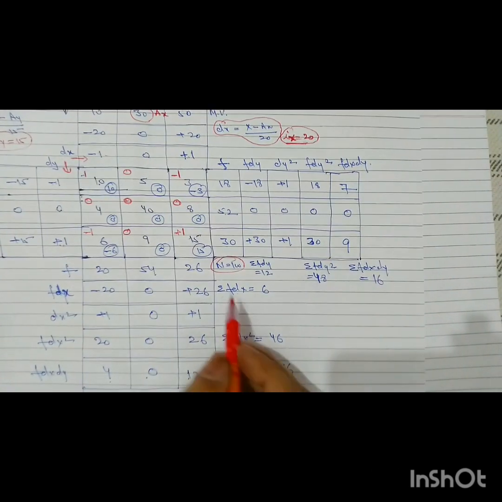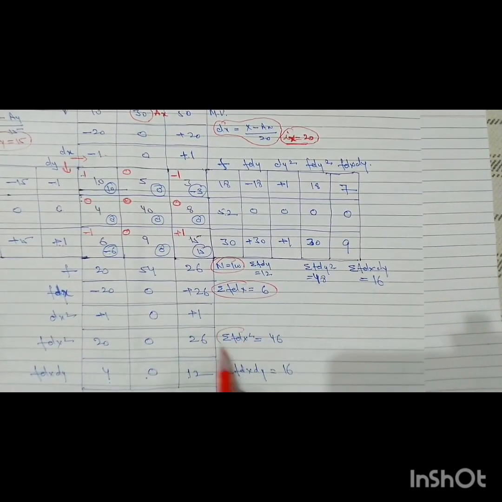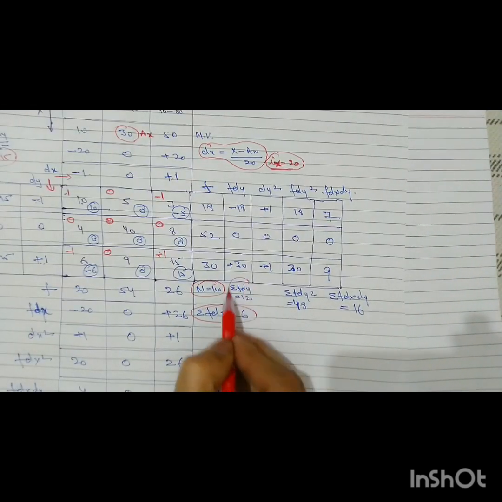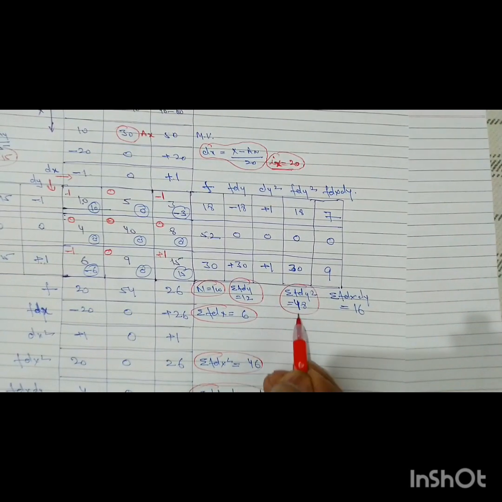So we are getting summation f dx 6, summation f dx square 46, summation f dx dy 16, summation f dy 12, summation f dy square 48.